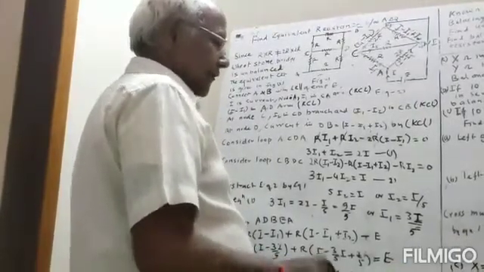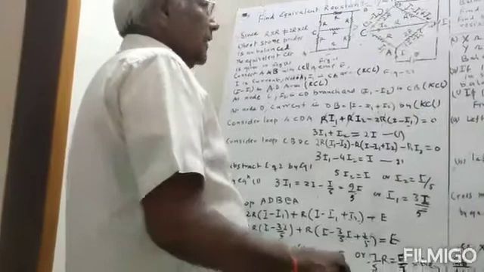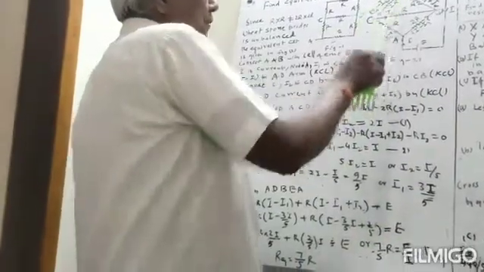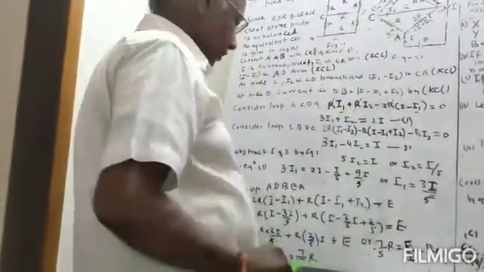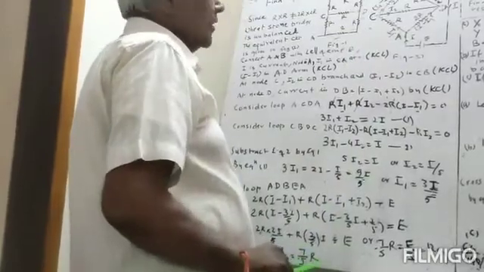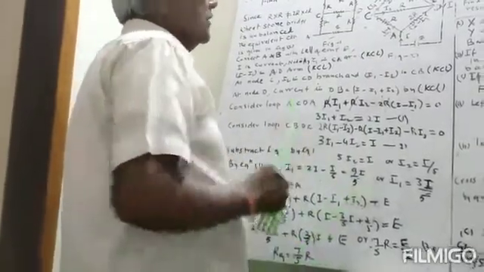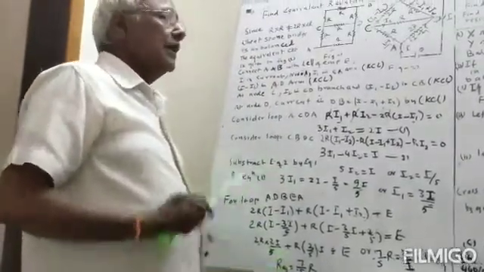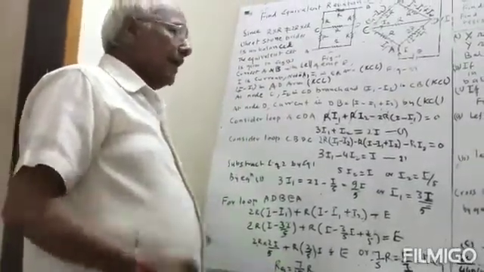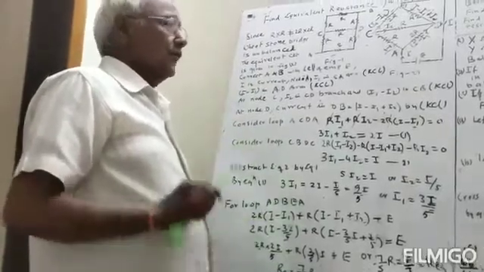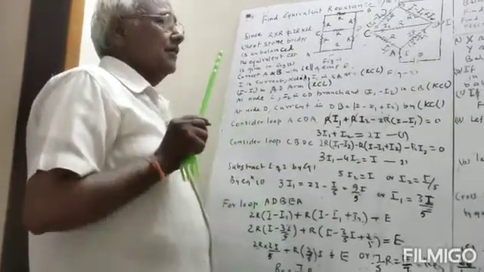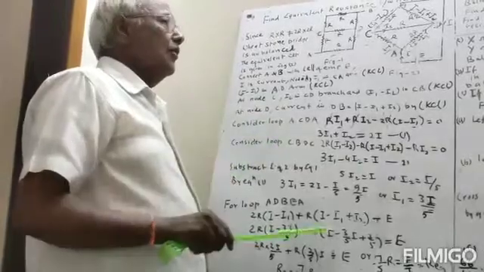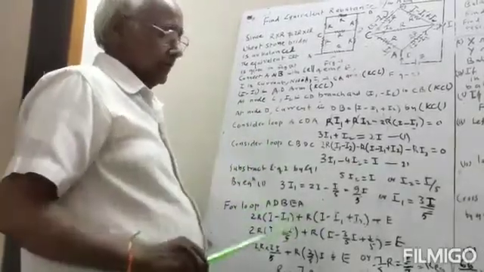So E/I will be the equivalent resistance. So the equivalent resistance between A and B is 7/5 into R. In this way we can solve the problem even though it is not a balanced Wheatstone bridge, with the help of Kirchhoff's current law and Kirchhoff's voltage law.